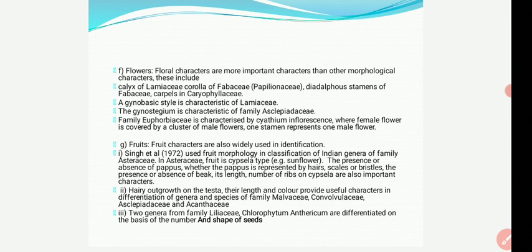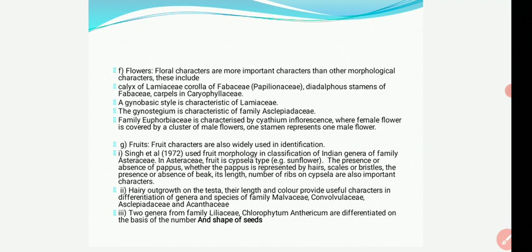A gynobasic style is characteristic of the family Lamiaceae. A gynostegium is characteristic of the family Asclepiadaceae. The family Euphorbiaceae is characterized by Cyathium inflorescence, where a female flower is covered by a cluster of male flowers and one stamen represents the male flower.